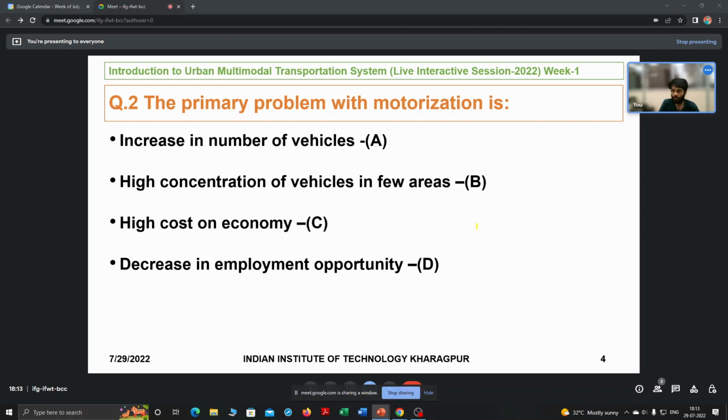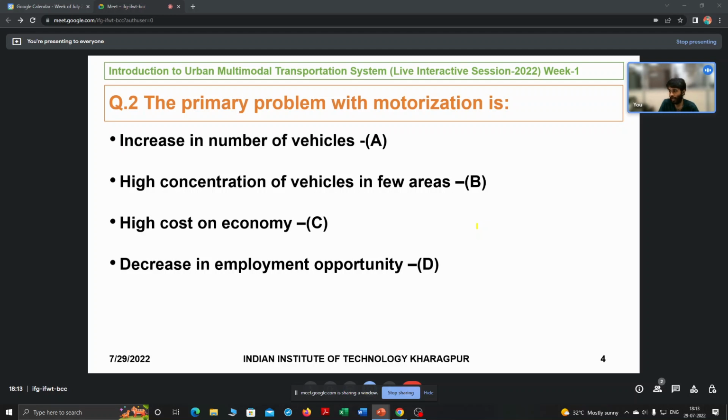So here also the correct answer would be B, right? Higher concentration of vehicles in few areas, that is metropolitan cities or major urban areas, because people are coming and staying there. So the concentration of vehicles is increasing there.